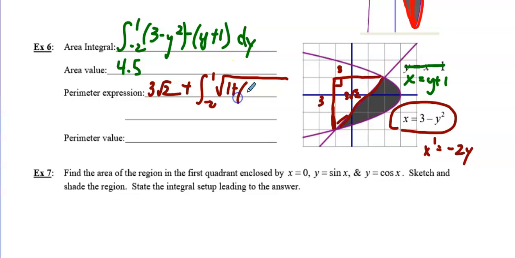So we're going to plug in that derivative, square it, and do dy. And then once we plug into our graphing calculator, we're going to get 10.368. Couldn't read the calculator for a second. So 10.368. And that's it.